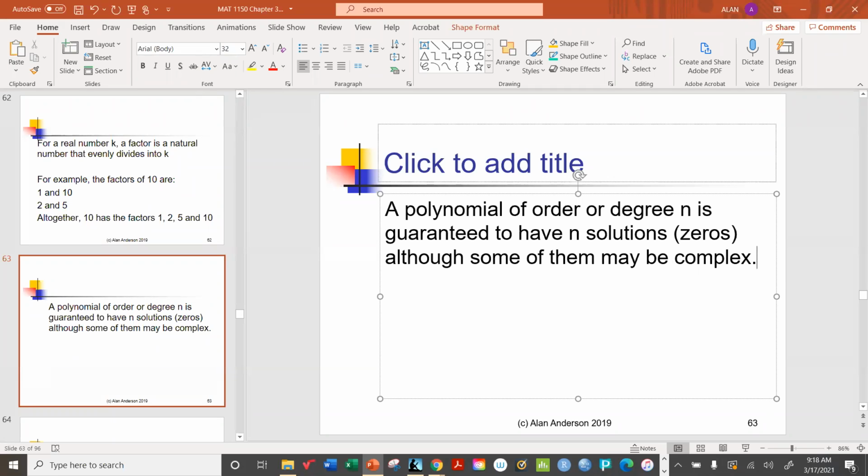Remember Karl Gauss's famous theorem, the fundamental theorem of algebra. If a polynomial has order n, it's guaranteed to have that many solutions, although it's possible that some of them are imaginary. It's also possible that some of them are repeated.